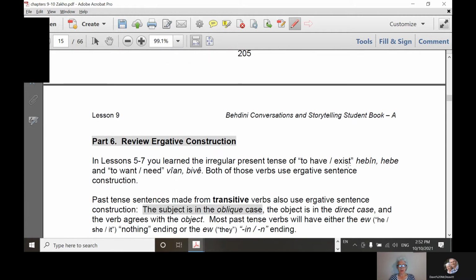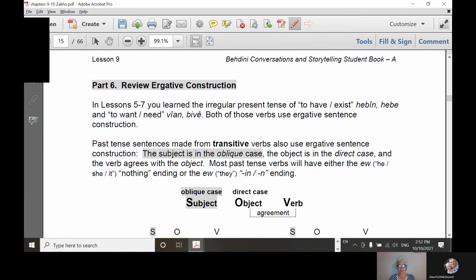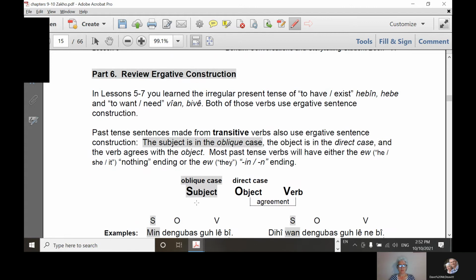And then on page 206, we're going to review ergative construction. So in lessons 5 through 7, you learned the irregular present tense of to have or exist, habin haba or habun haba in Tehuki, and to want or need, vion beve. Both of those verbs use ergative sentence construction in the present tense.